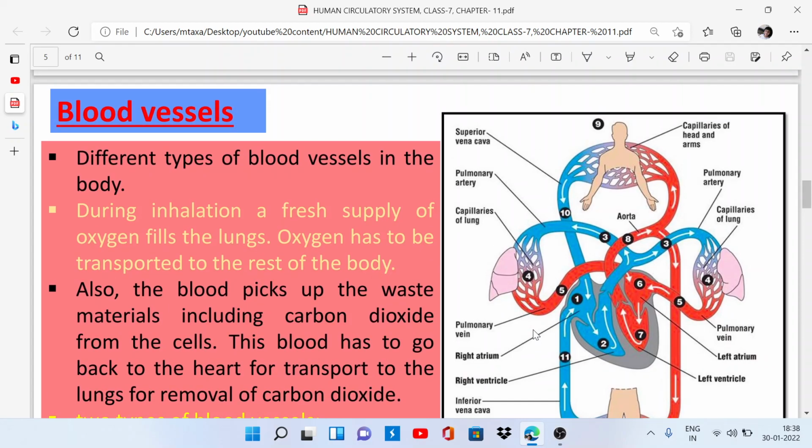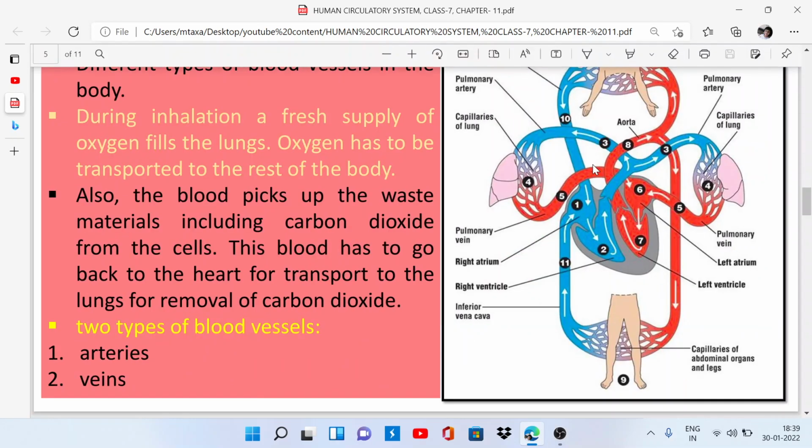The next part of the human circulatory system is blood vessels. Mainly two types of blood vessels are present in the body: arteries and veins. During inhalation, a fresh supply of oxygen fills the lungs, and oxygen has to be transported to the rest of the body to carry out the chemical reaction that gives us energy.